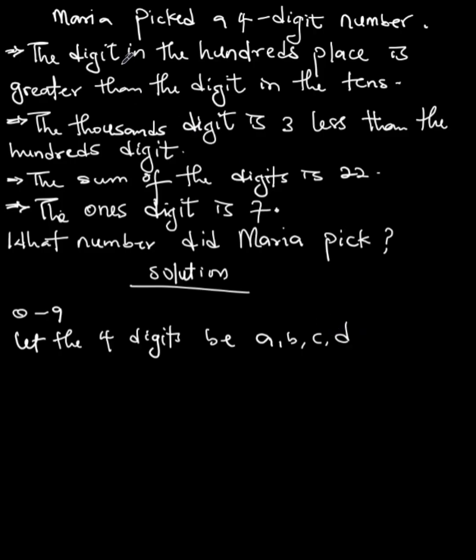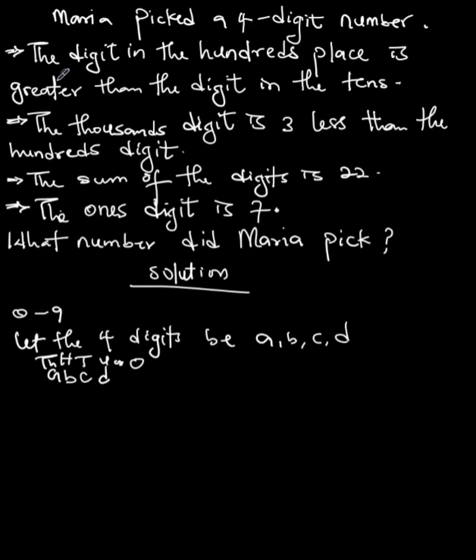So let's begin to write out each condition. If we have A, B, C, and D, this will be the number in the units or ones position, this will be the tens position, this will be the hundreds position, and this is thousands.